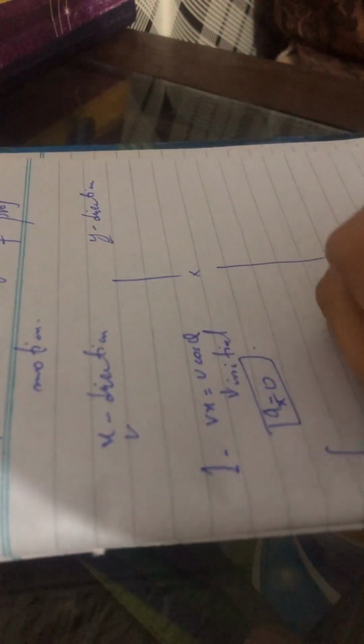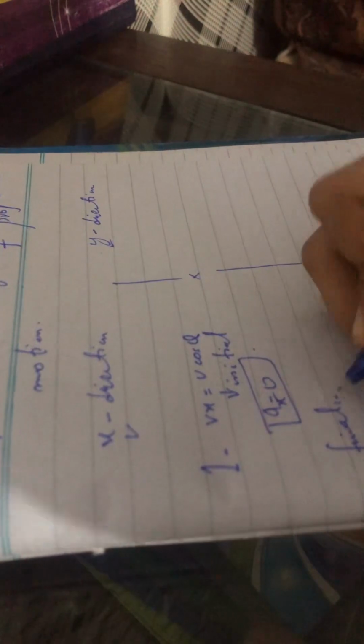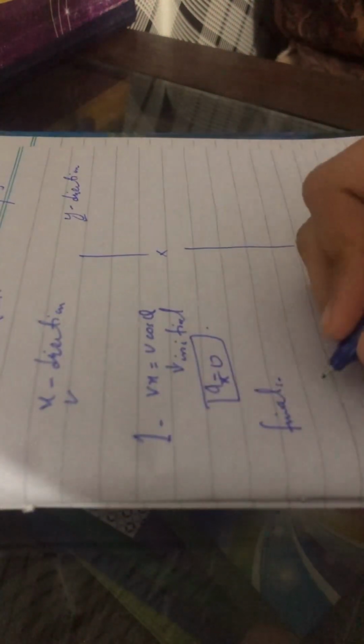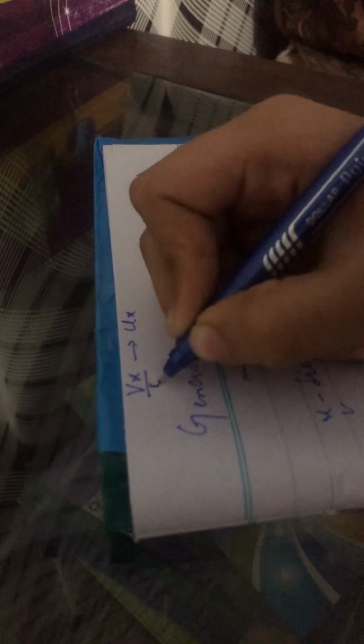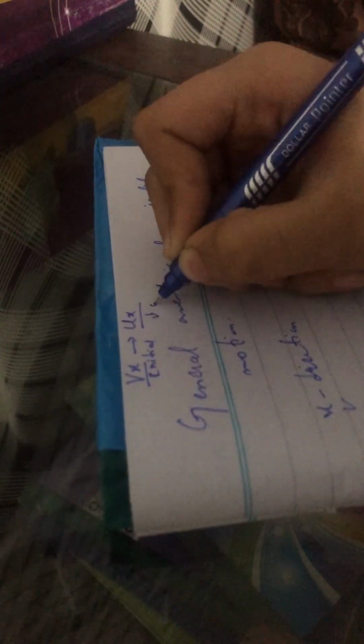But if we talk about the final, in final we take initial as Vx and we take final as ux. This is the initial, and u we will represent as the final. In the y component we will also do the same, as vy and uy, right?